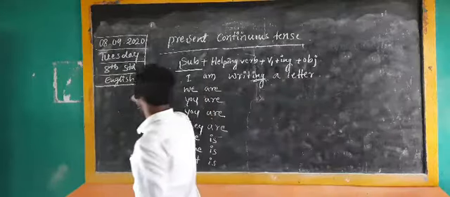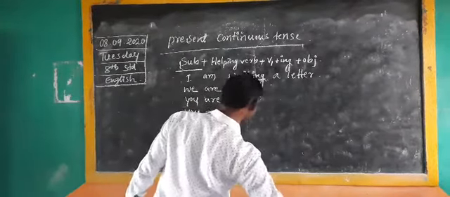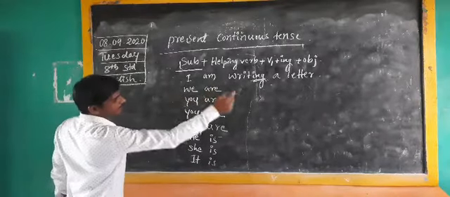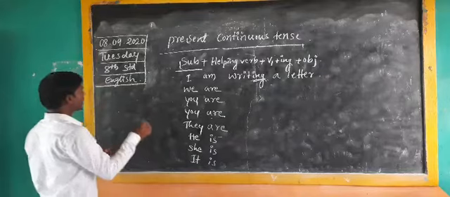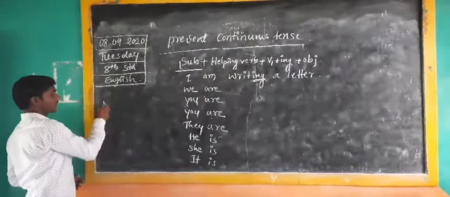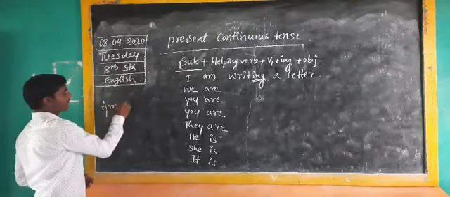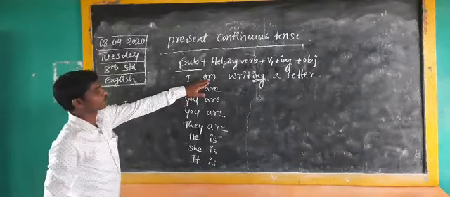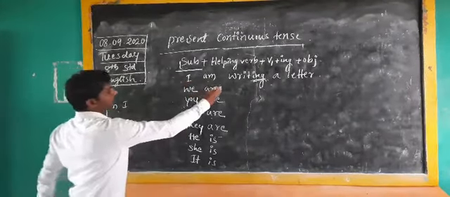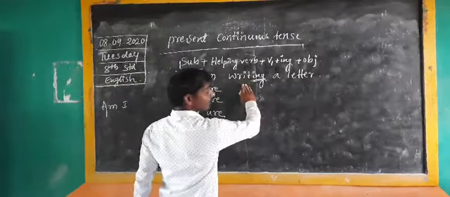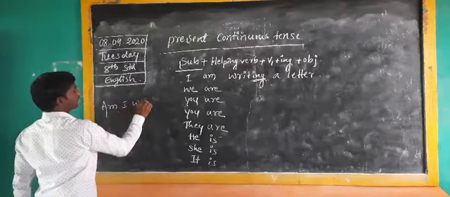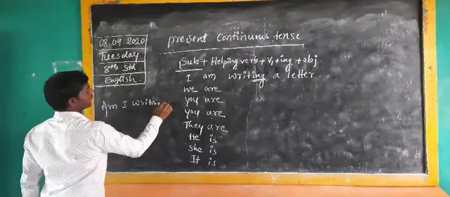How do we make these negative? Here we have to understand easily. I am writing a letter. First, take the helping verb am outside. First you write the helping verb, then the subject, then the continuous action and the object: Am I writing a letter?